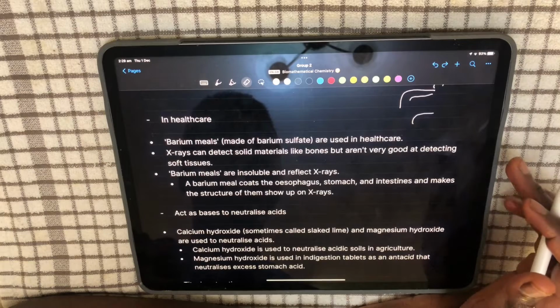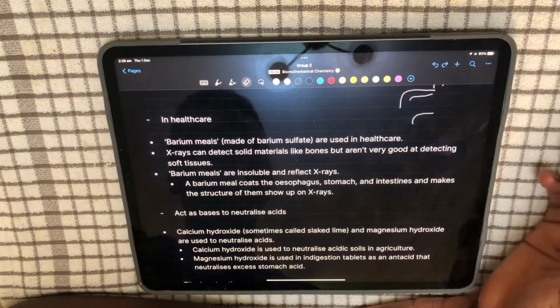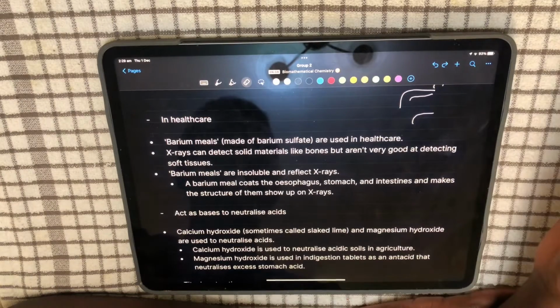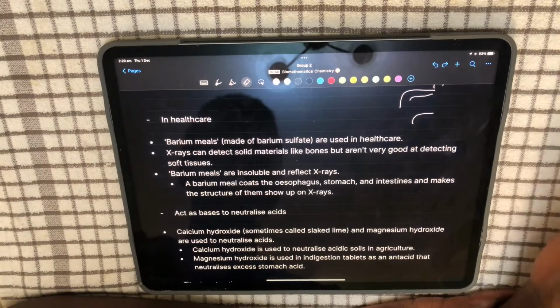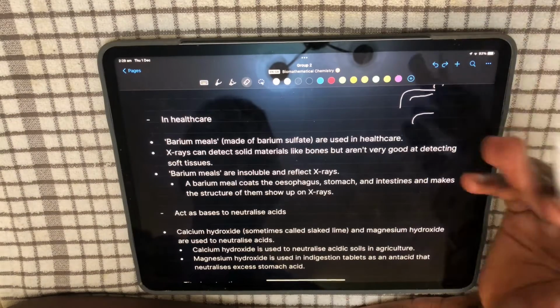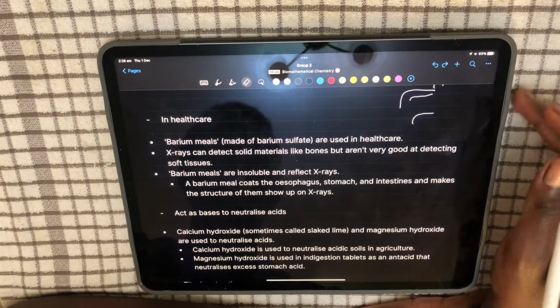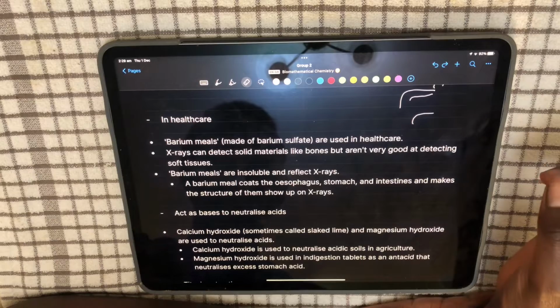Therefore, it's very good in healthcare. Barium meals, which are made up of barium sulfate, are used in healthcare, because barium sulfate is insoluble, which means it just passes through. When you're having surgery or need an X-ray scan before surgery, or if they just need an X-ray in general, they'll make you eat a barium meal, because barium is very good at absorbing X-rays.